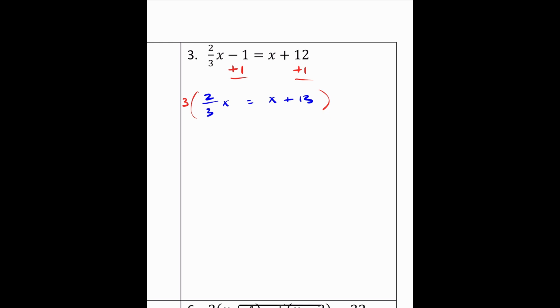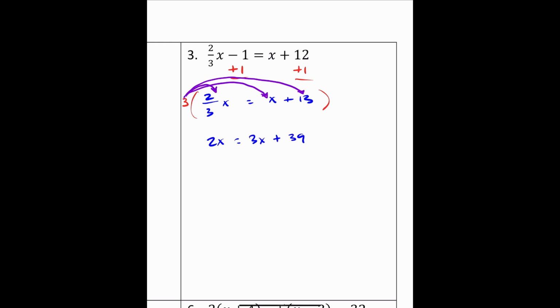And then I'm going to distribute the 3 to each term in this current equation. So I'm looking at 3 times 2/3 x. That's basically 6 over 3x, or 2x equals 3 times x, that's 3x, and then 3 times positive 13, that is 39.